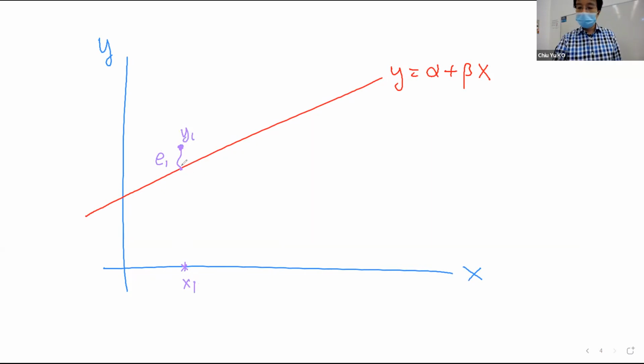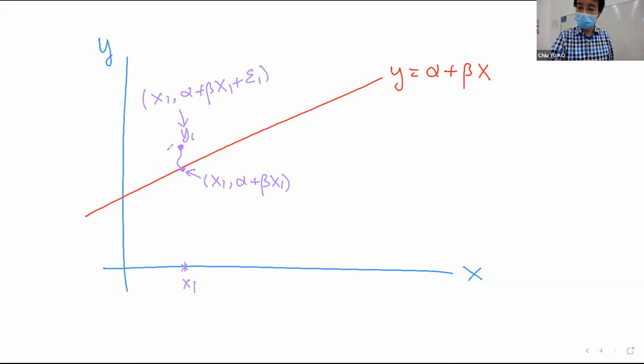This point would be alpha plus beta x1, but what you actually get in the real world is alpha plus beta x1 plus epsilon 1. This is how the data is generated.